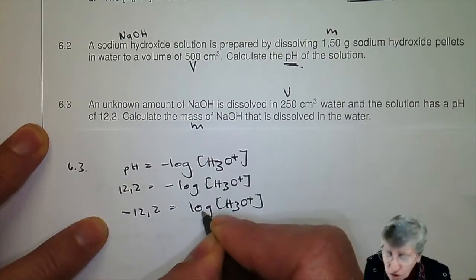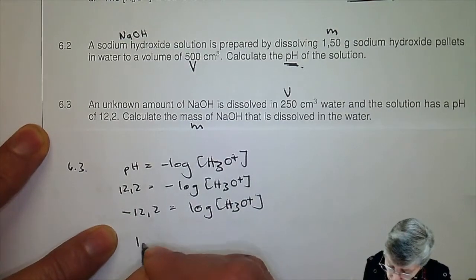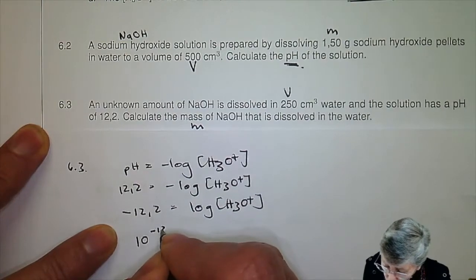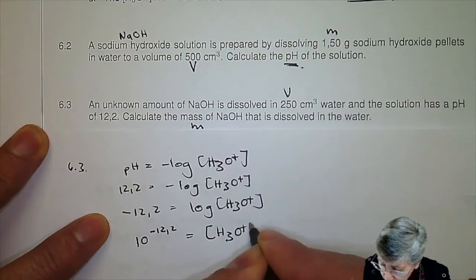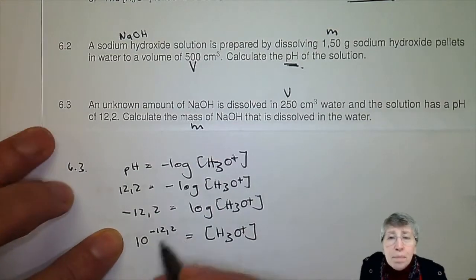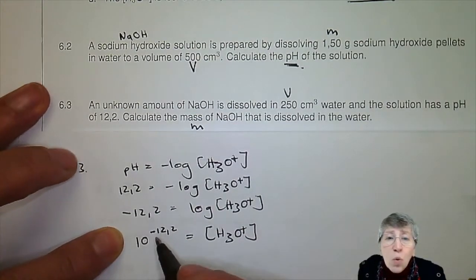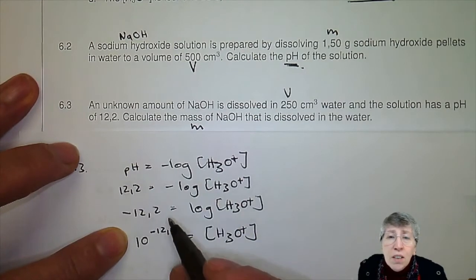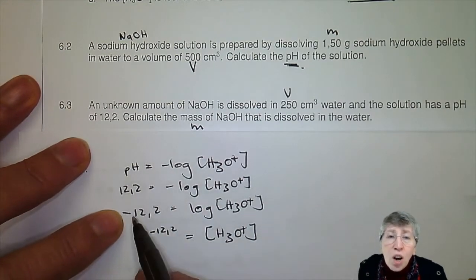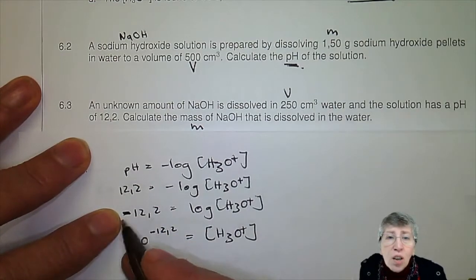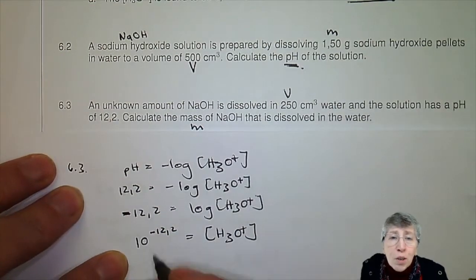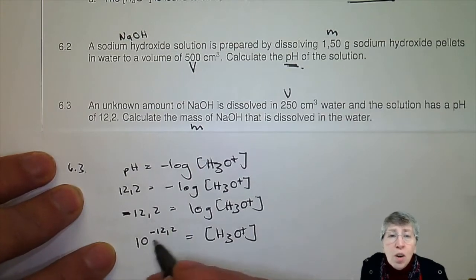And how do I get rid of this log? I have to put 10 to the power of minus 12,2, and that will be equal to H3O plus. Right, so I can just put it into my calculator like that, or you can put it inverse, right? Second function log of minus 12,2, and that's the one you forget, second function log of minus 12,2, or 10 to the power of minus 12,2.